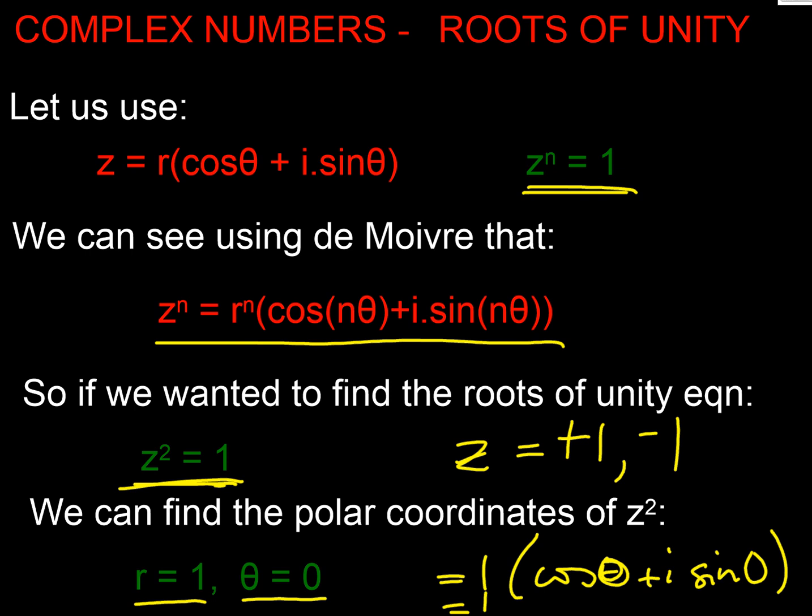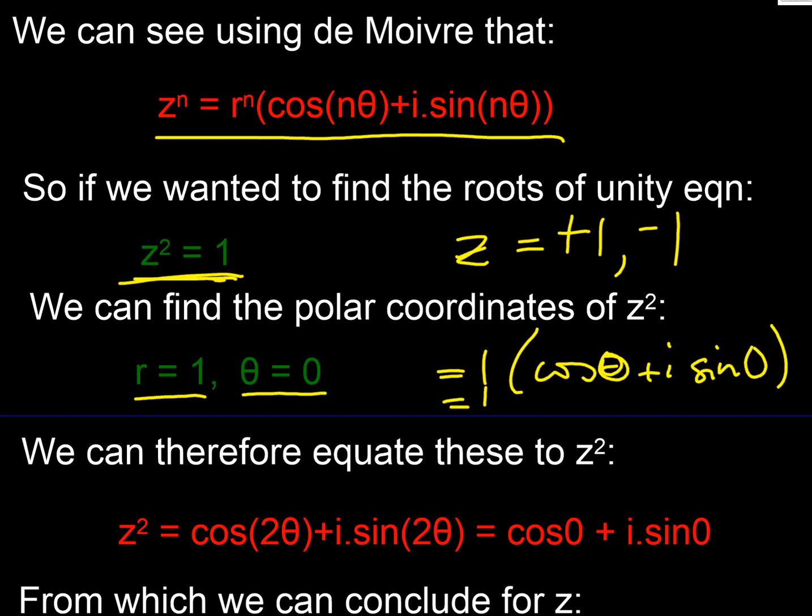Okay, so if we equate those two and use de Moivre, we're looking at z squared, so we've got 2 theta in the bracket. Cos 2 theta plus i sine 2 theta must equal cos 0 plus i sine 0.